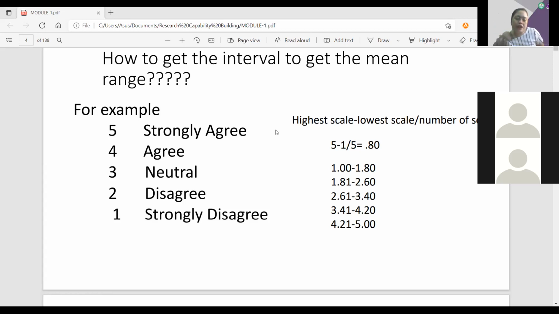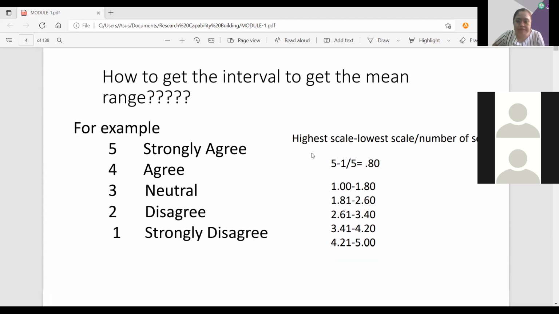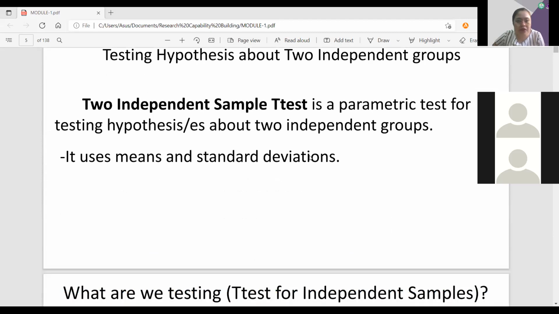I believe they know that. I don't know what type of questioning you have, so I cannot answer. But this one is for the Likert scale to get the interval for the verbal interpretation. Now, let's move on.